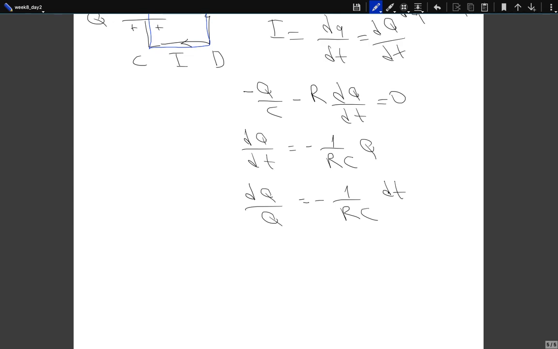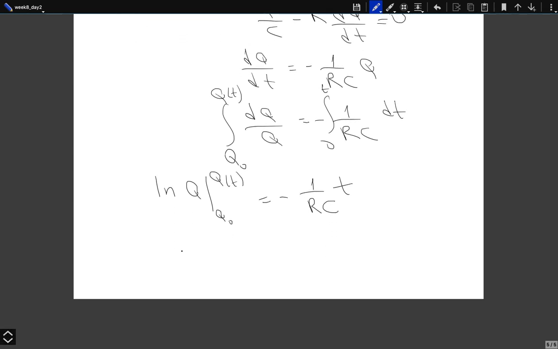Now I can integrate both sides from 0 to t. At t equal to 0, the total charge is Q0. And eventually, the total charge is Q of t. Well, the left-hand side, the integral is the logarithm of Q from Q0 to Q of t. The right-hand side is minus 1 over RC times t, which, okay, I will just skip some algebra. Q of t is equal to Q0 e to the power minus 1 over RC times t.